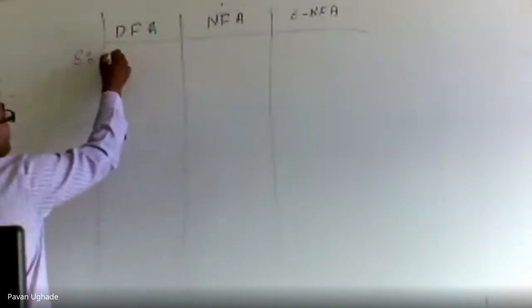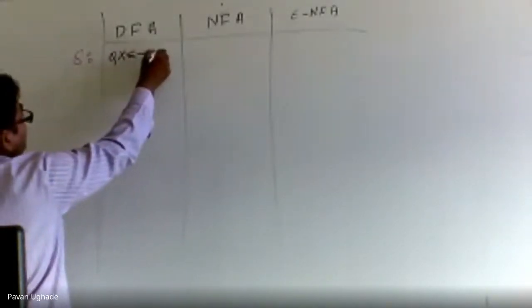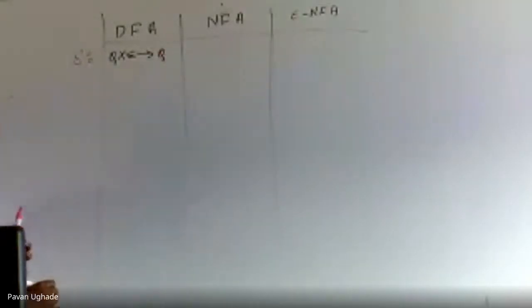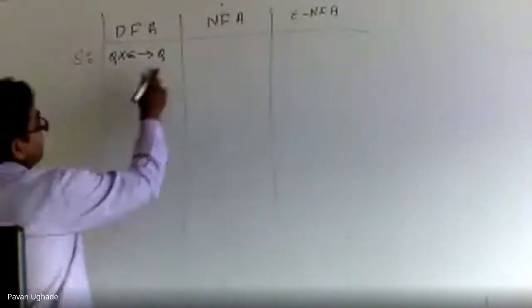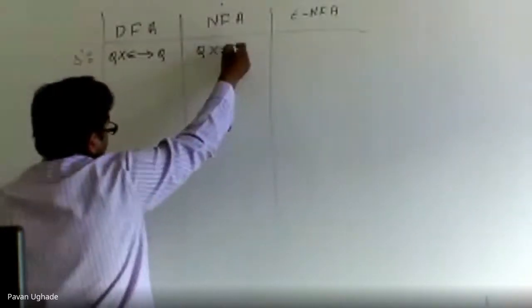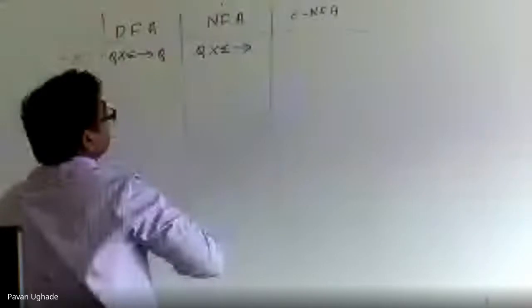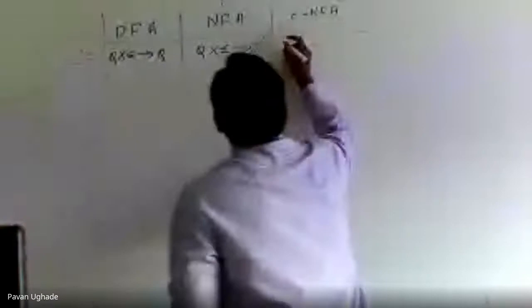Here the transition function in the DFA goes from state over alphabet to a state. Okay. And the second point, for NFA, it is state over alphabet giving rise to 2 raised to power Q. We have already discussed this point. Okay.